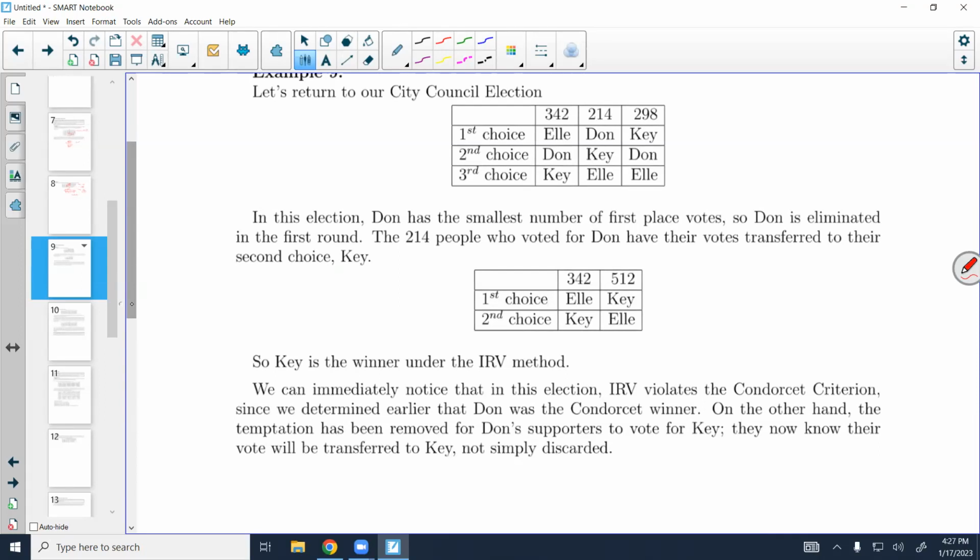We can notice that in this election, IRV violates the Condorcet criterion, since we determined earlier that Don was the Condorcet winner. On the other hand, a temptation has been removed for Don supporters to vote for Key. They now know their vote will be transferred to Key, not simply discarded. So again, I think what happened in Alaska was they voted for the preferred person, and that was it on a lot of them, and that changed it.